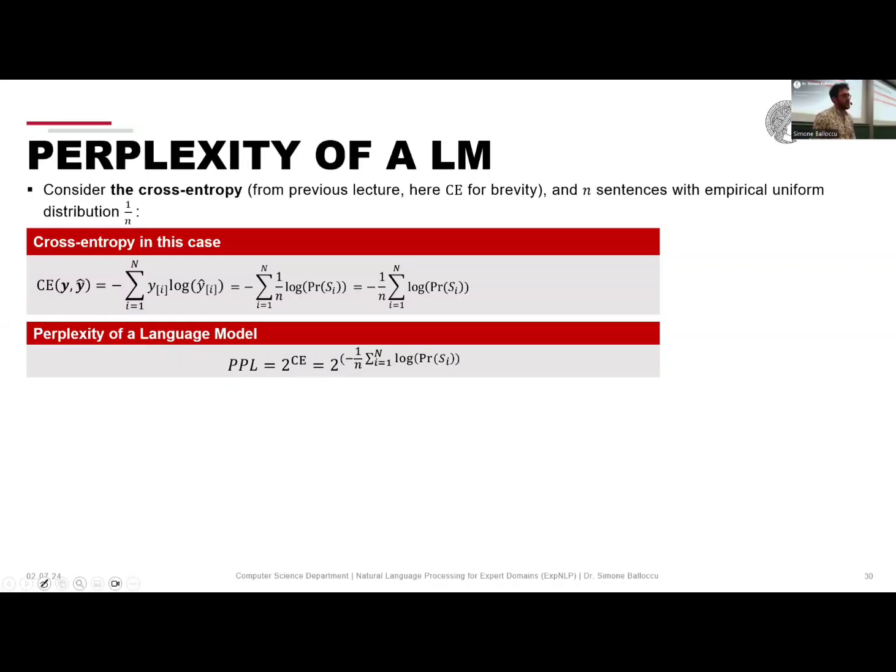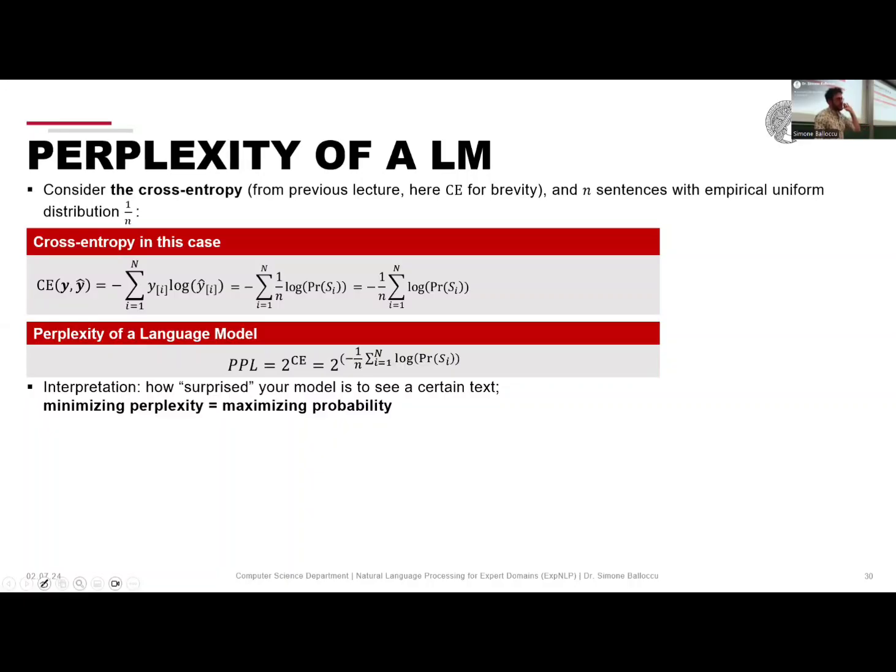How is it interpreted? Well, this is interpreted as how surprised your model is to see a certain text. So if you minimize perplexity, you maximize the probability. So for example, you have a test corpus of only 2 sentences, the most useless test corpus, but you still have it. Your model says that sentence 1 is 0.5, so very probable, and sentence 2 is 0.05.